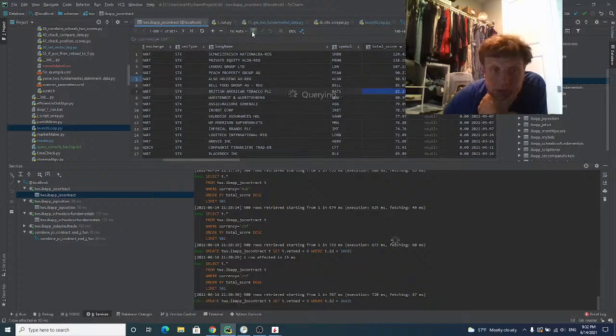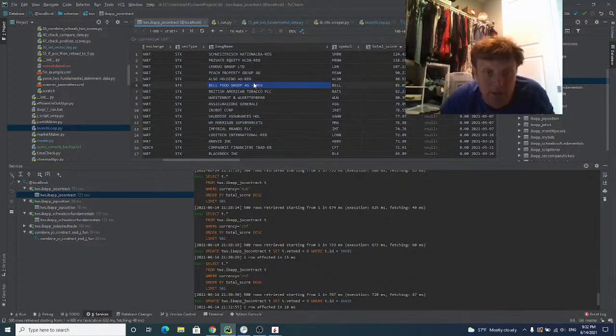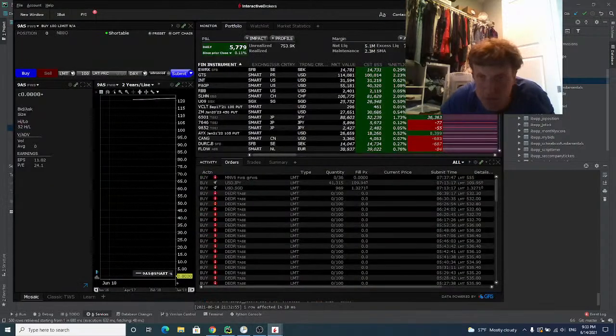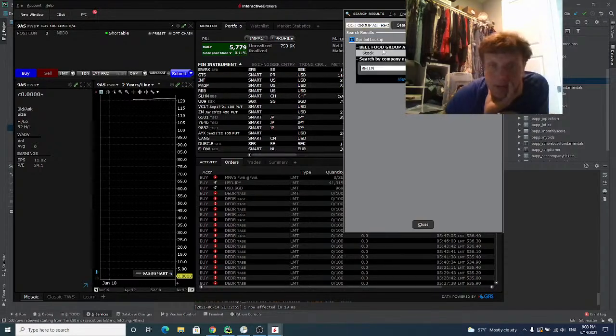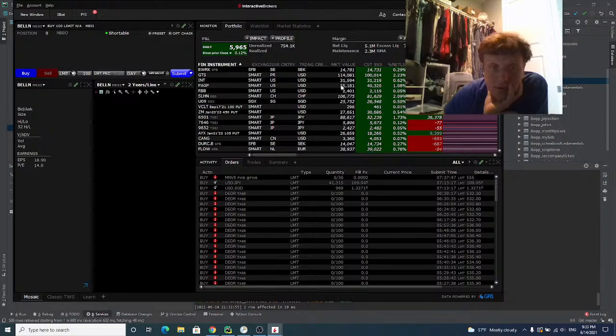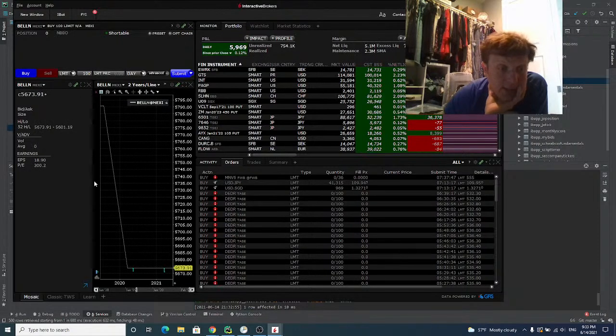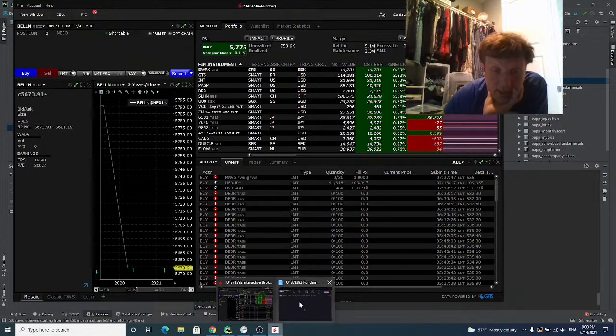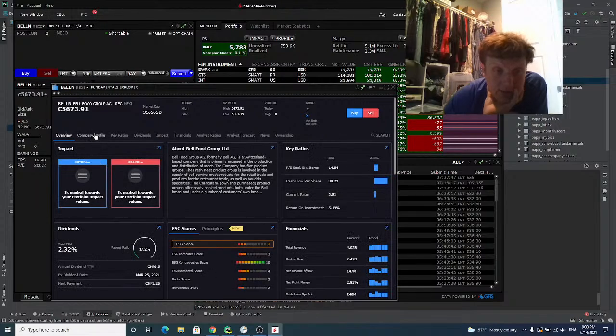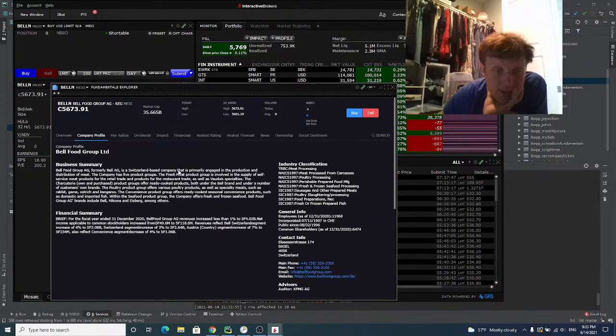Okay, let's take a look at Bell Foods here as well. Once again, repeat that same process. Bell Foods. Is this traded on the Mexican stock exchange? What in the hell? Swedish company? Switzerland-based company engaged in the production or distribution of meat.